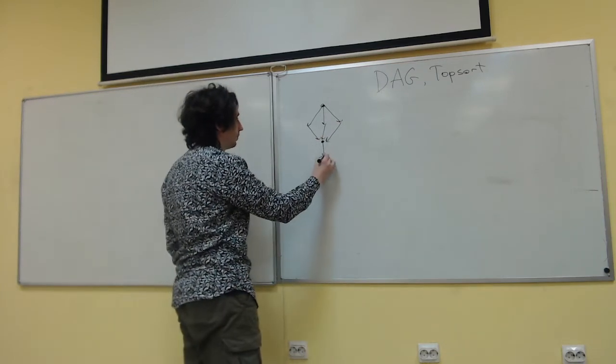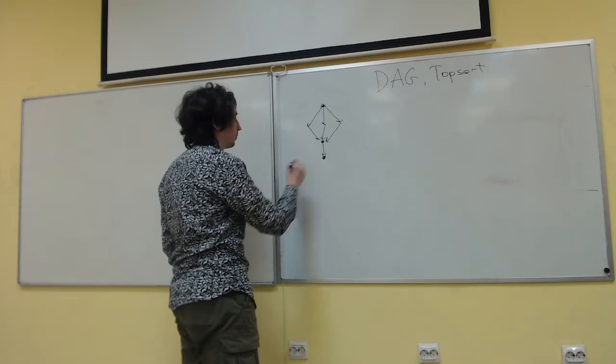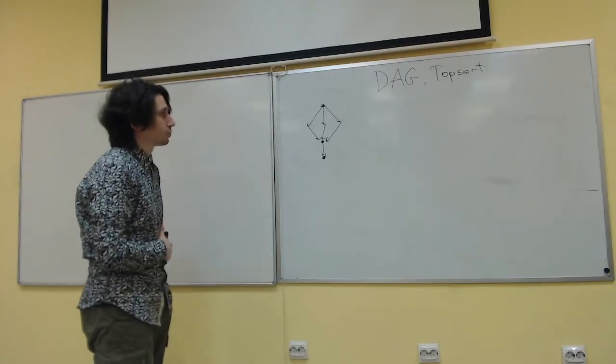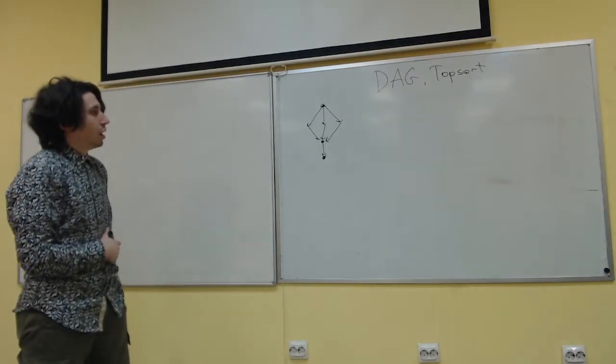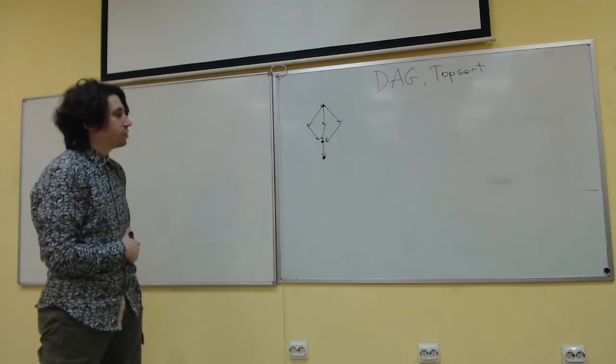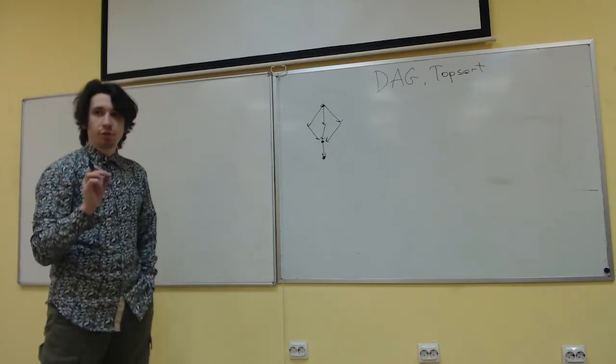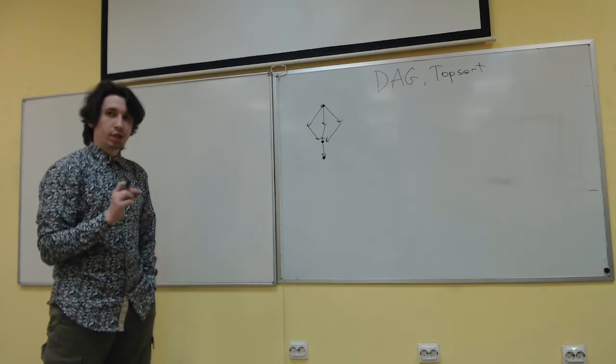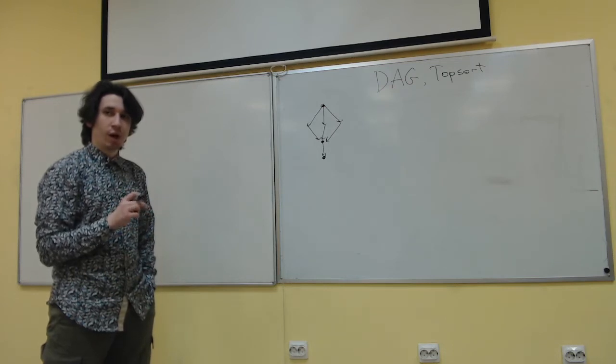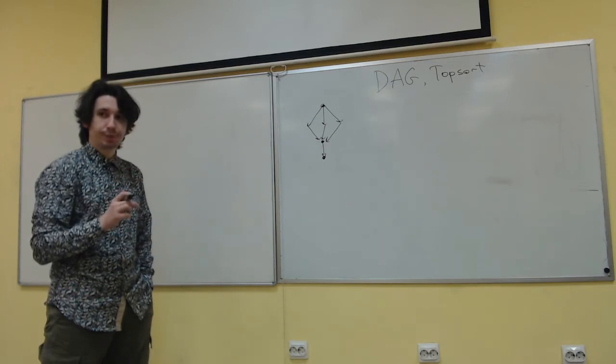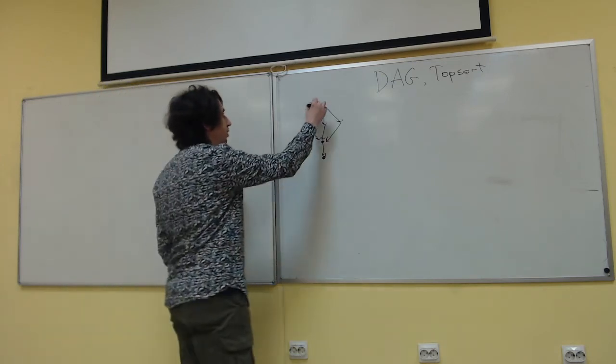And we want the following. We want to set the numbers of the vertices in such a manner that there exists only edges from the smaller to the larger. So in here it will be one.